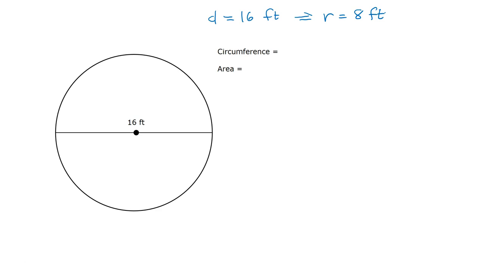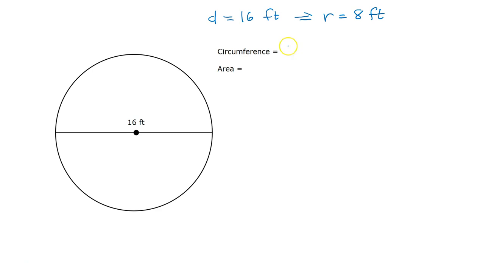We often go for the radius because there's a formula for circumference as well as area that deals with radius. There's also a circumference formula that deals with diameter as well. So the radius is always something we tend to look for. If we know the diameter, we always want to make sure what the radius is.